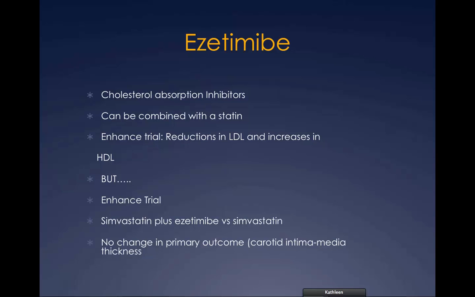It can be combined with a statin. The ENHANCE trial showed reductions in LDL and an increase in HDL. It looked at simvastatin plus ezetimibe versus simvastatin, and there was no change in primary outcome. They looked at carotid intima thickness as the outcome.